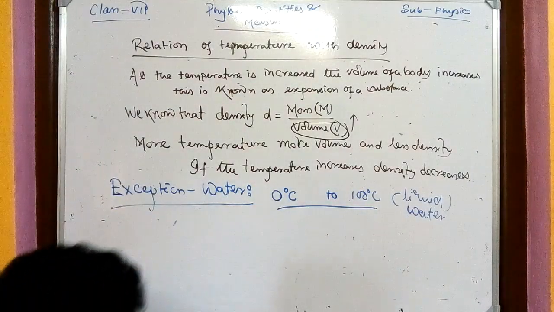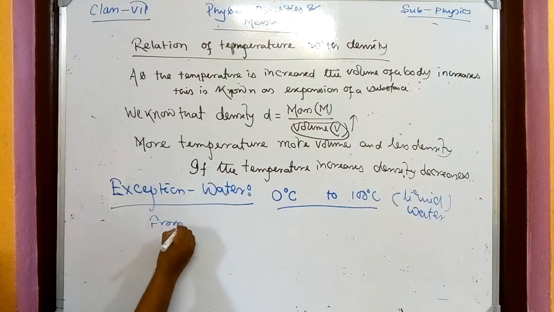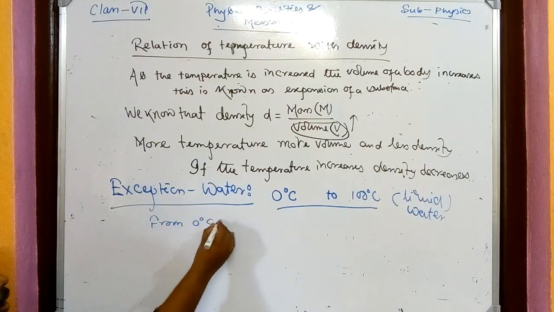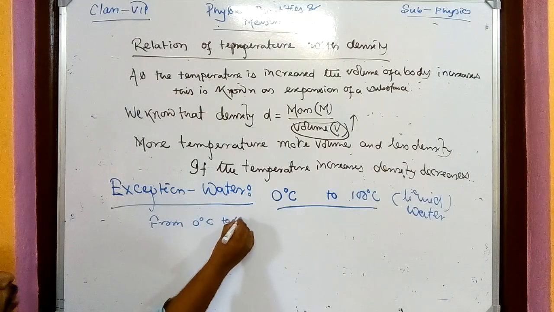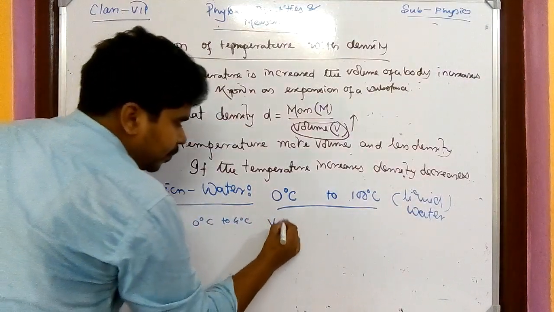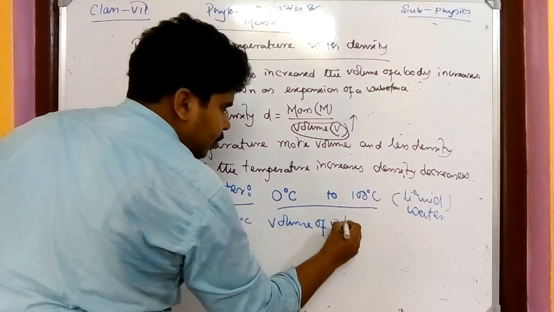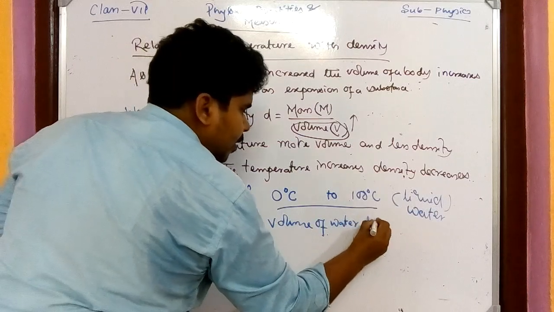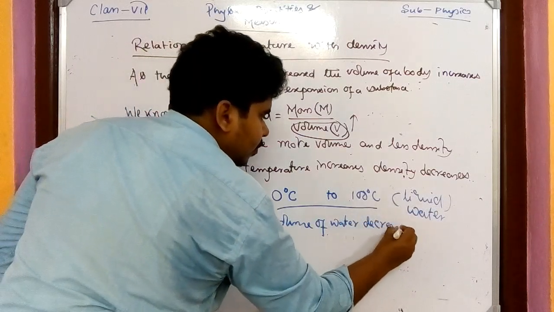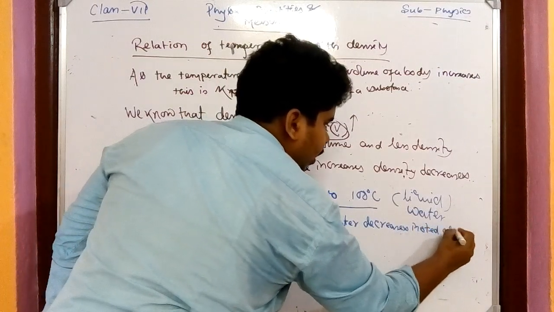From 0 degree centigrade to 4 degree centigrade, the volume of water decreases instead of increasing.